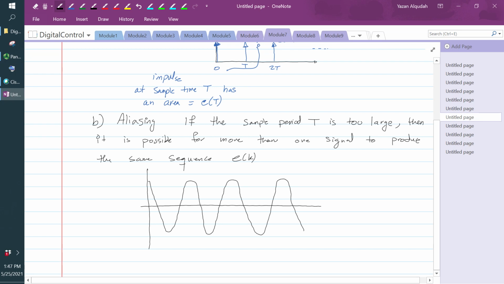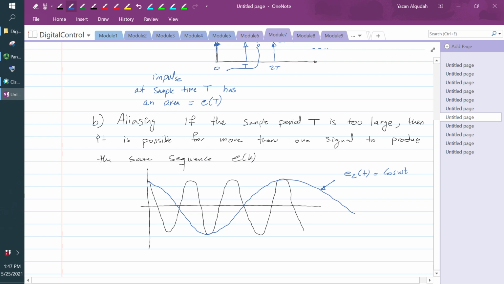And the second signal, let's plot it with blue, looks something like this, and so on, and the other one continues. Now if you look at these two signals, it's apparent I have two sinusoidal signals. This signal is the lower frequency signal. Let's call it e2 of t equal to cosine omega t.